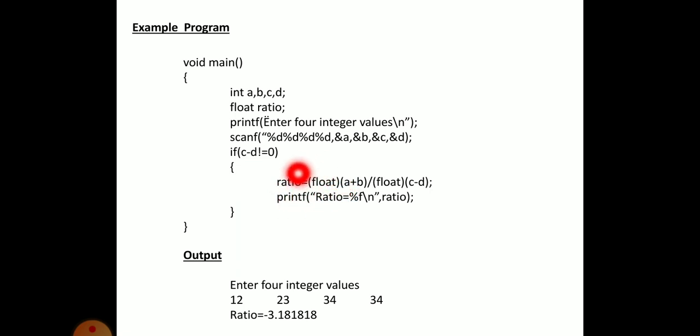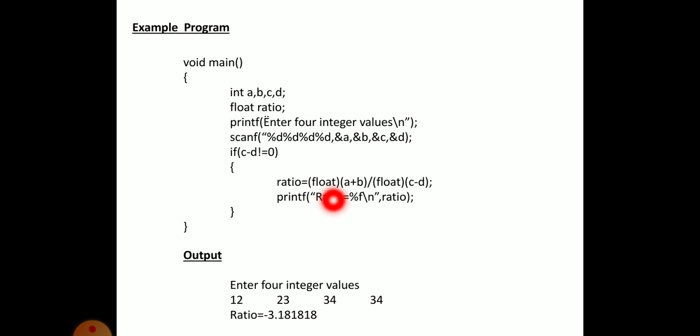What is this float? Float given inside the bracket means it is the typecast operator. The typecast operator is used to convert a value into another data type. See, at first we declared A, B, C and D as integer values. So, of course, if A and B are integer values, A plus B will also be an integer value. But ratio is declared as a float value.